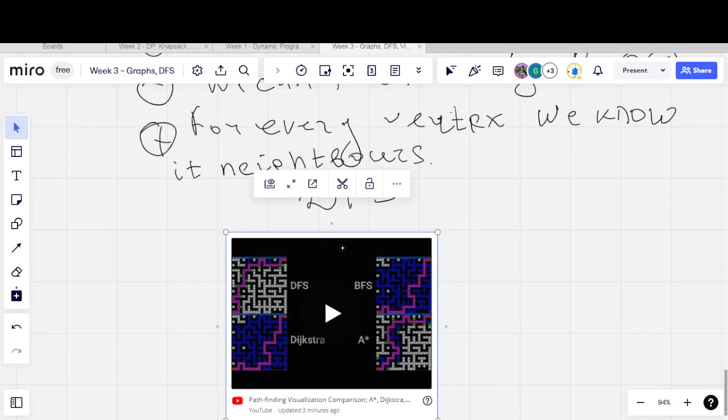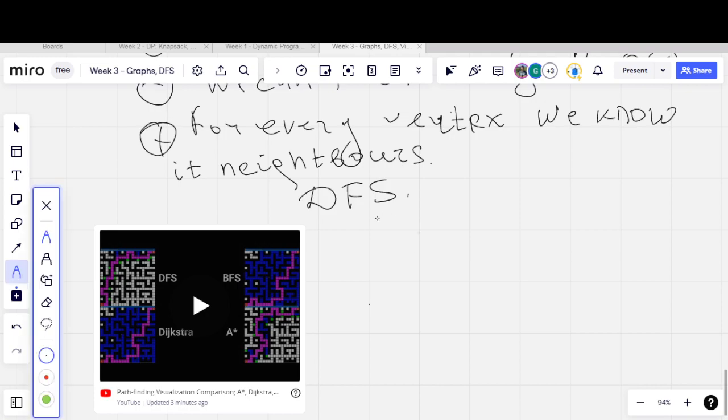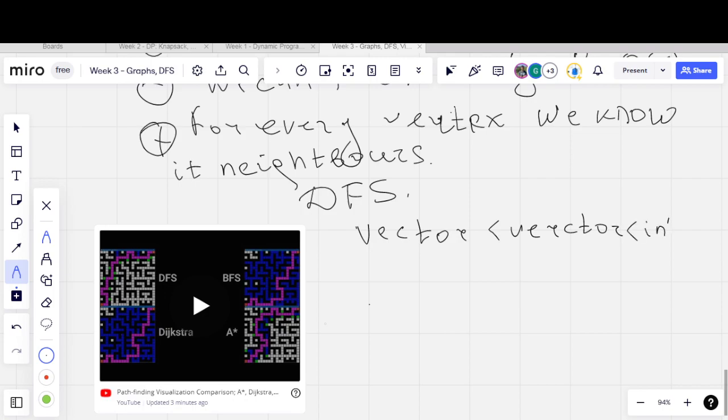So, here is the pseudocode. We need a vector of vectors of int to store our graph G.